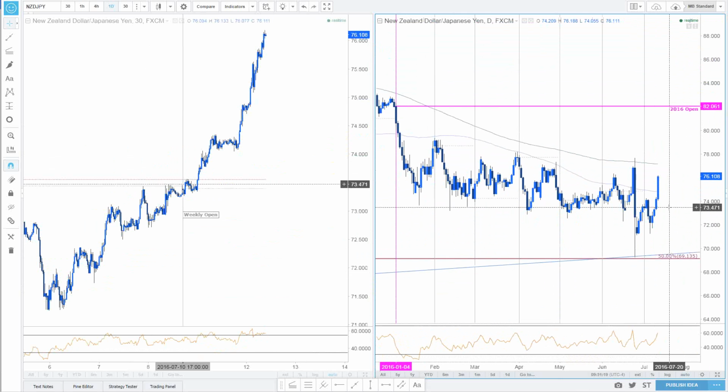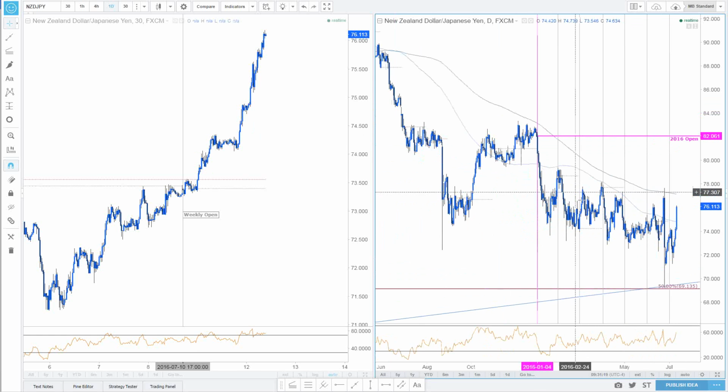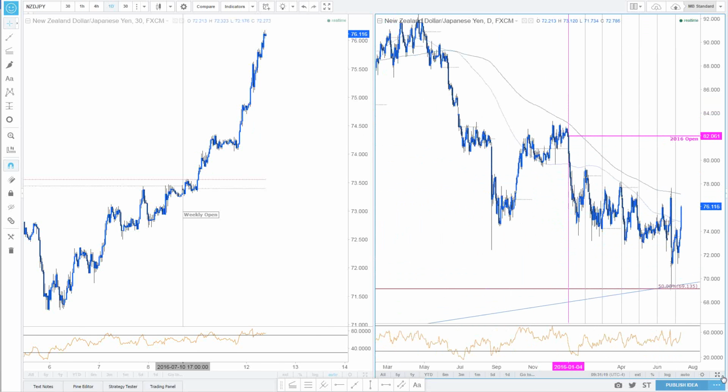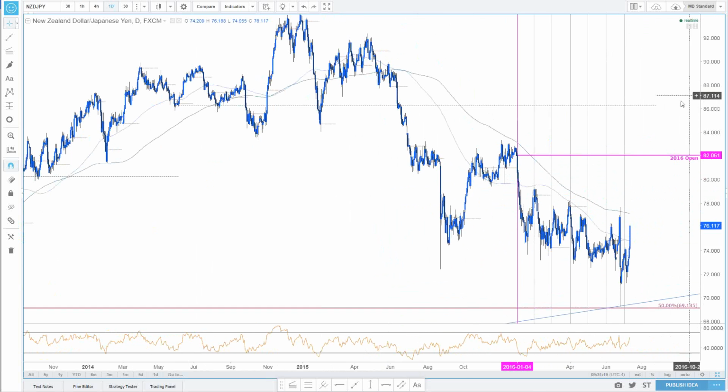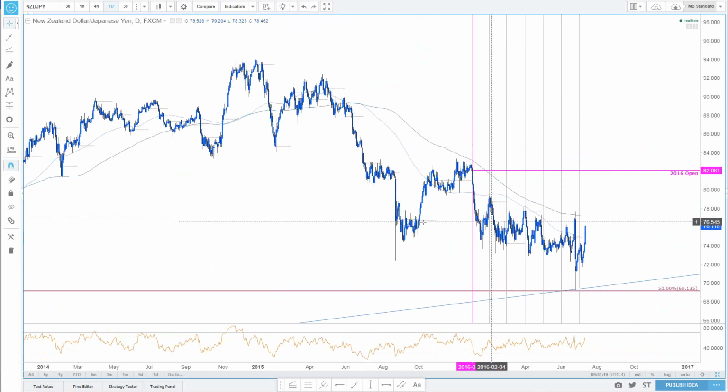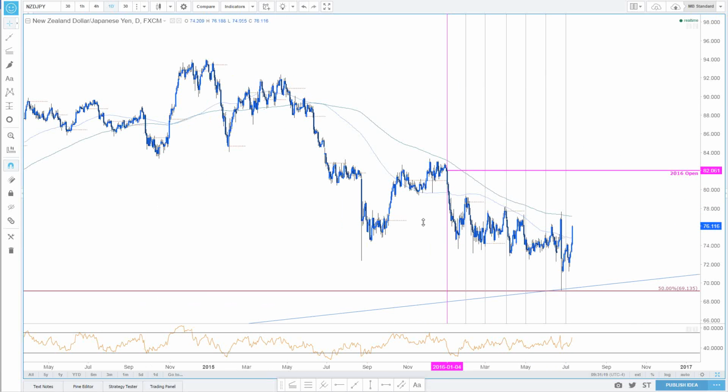This has cleared its monthly open. It has cleared its monthly opening range high. If we take just a basic gauge here, some things to keep in note for the Kiwi Yen trade. Well, that already broke, even better.